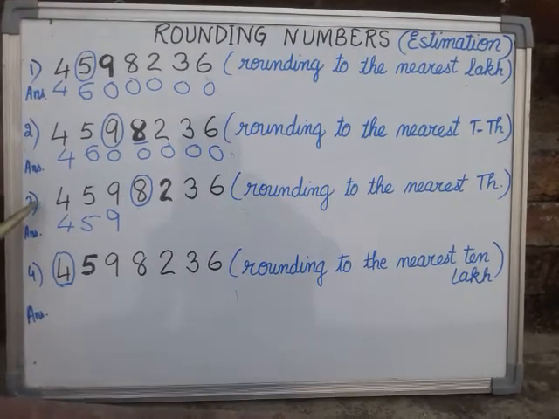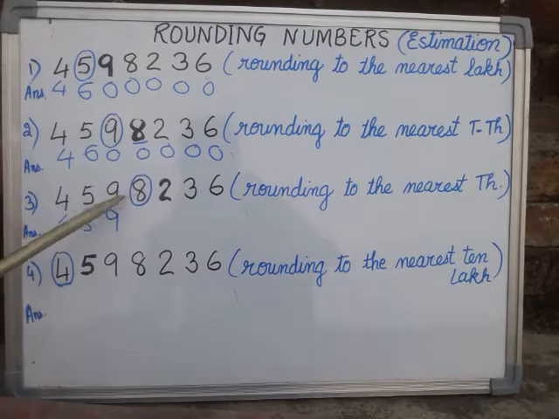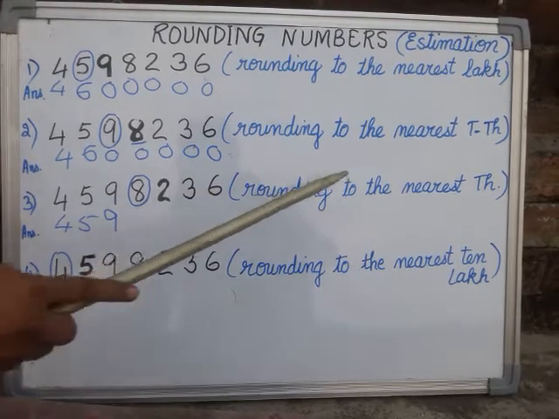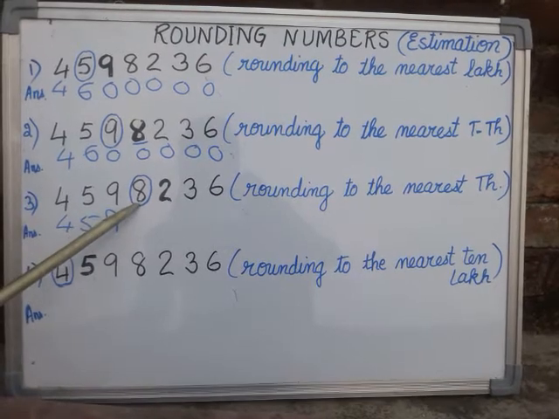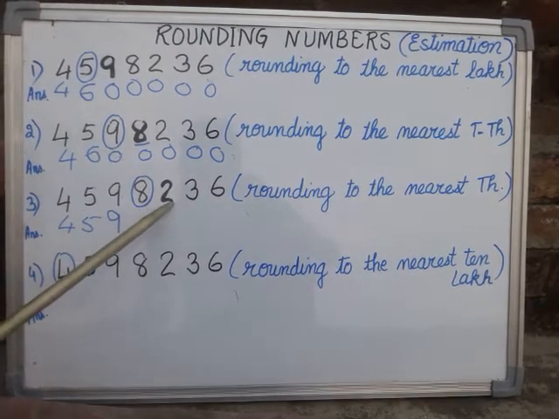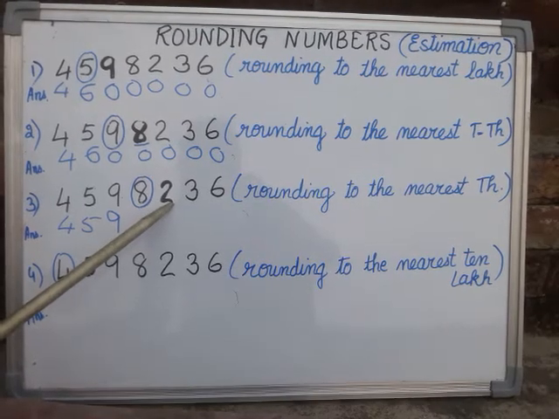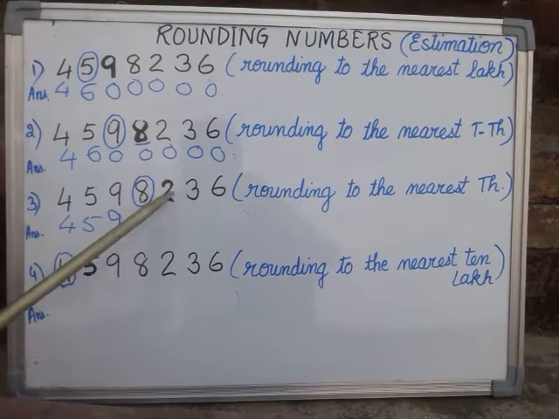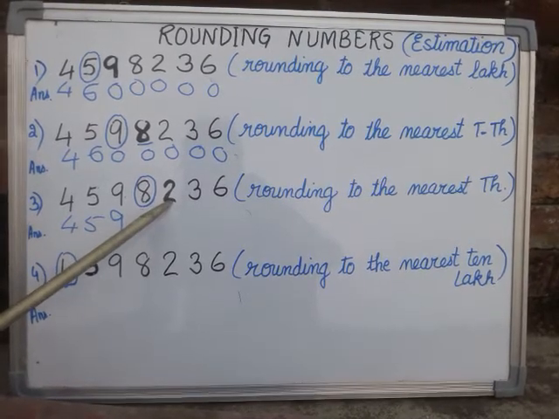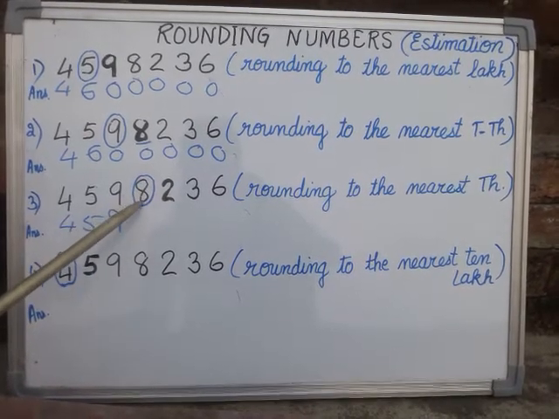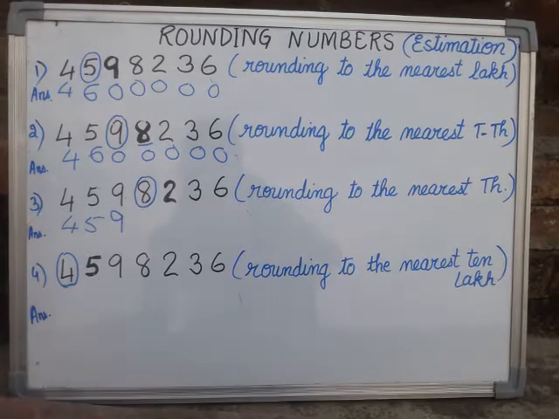Third example, children. Now, 45,98,236 is rounded to the nearest 1,000. So, the required place is, children? Yes, 1,000. Consider the right side. Is the right side 5, more than 5 or less than 5? It is less than 5. So, the required place remains the same.